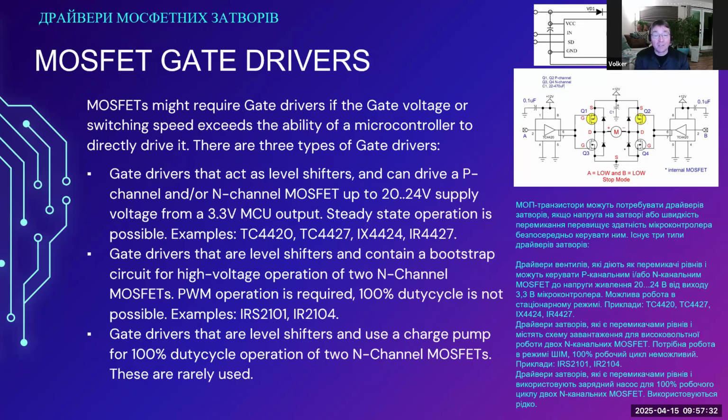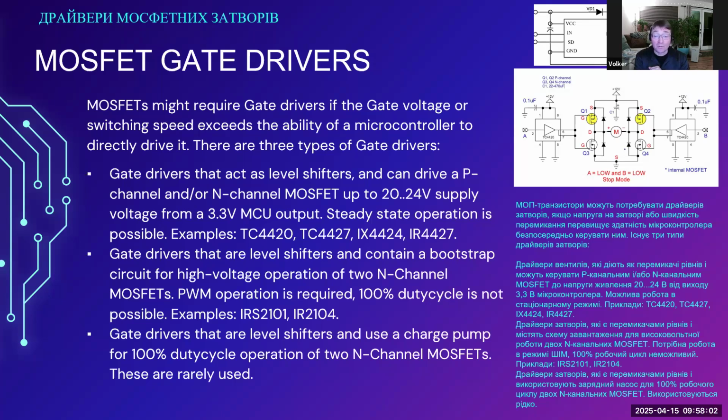Some can supply up to momentarily 1.5 amps or 3 amps. The highest device of that line, which I think is the 4429, can supply up to 9 amps momentarily. Not continuously, just momentarily, because the intended load, the MOSFET, will only need the high current momentarily at the moment of switching.